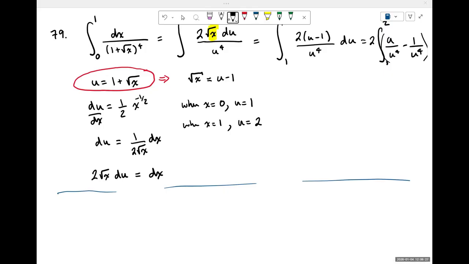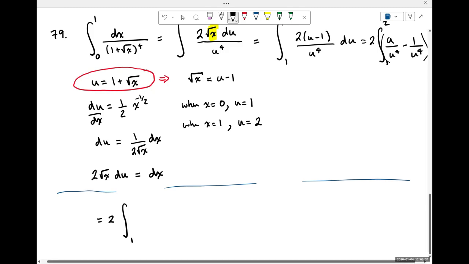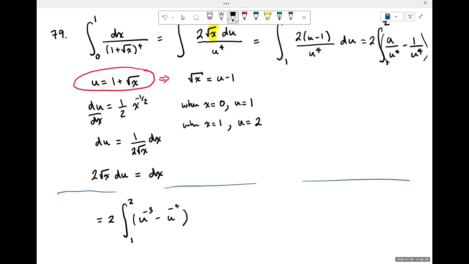Let me rewrite this so we can see it a little better. It was the integral from 1 to 2, u to the -3 minus u to the -4 du. So just rewriting that way, now I can go ahead and do my antiderivative.